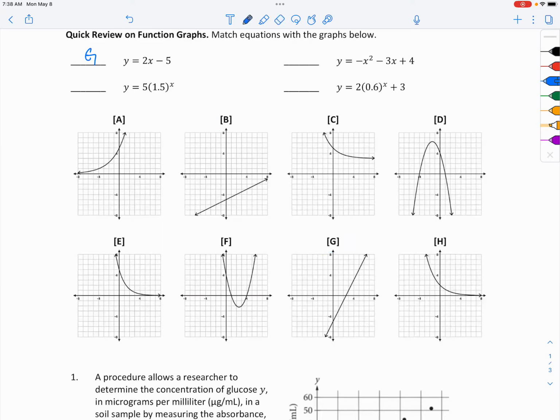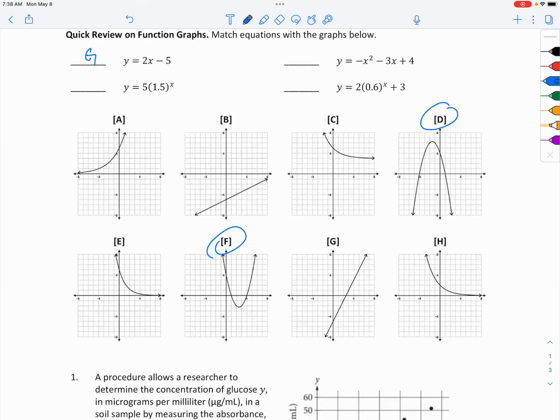And then the next one, let's look at the one on the right. We have a quadratic equation, negative x squared minus 3x plus 4. Here we have two quadratic equations. Which one is the most obvious choice?